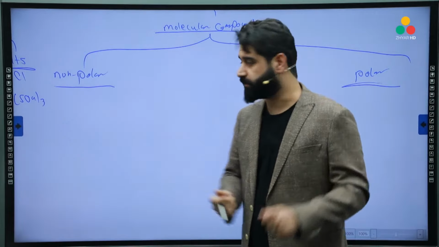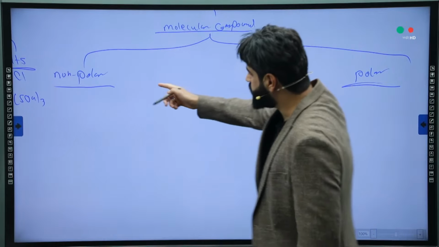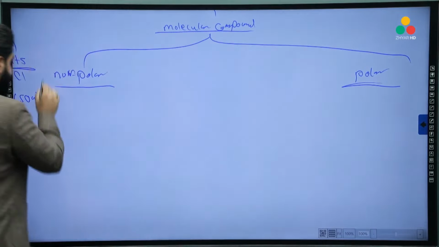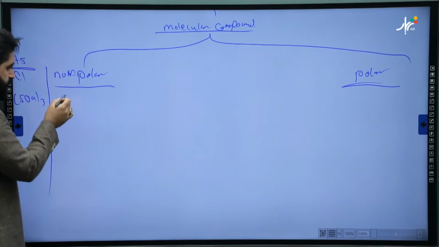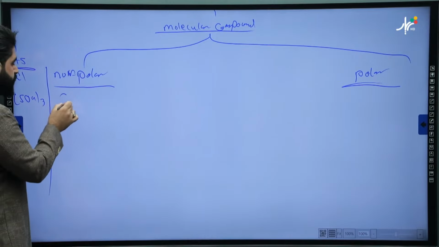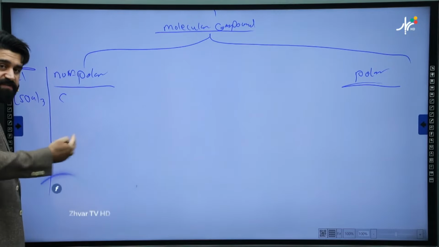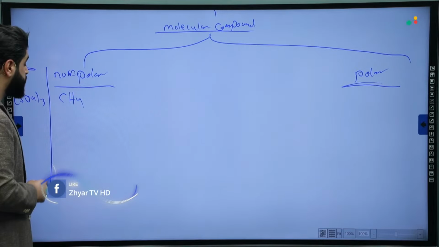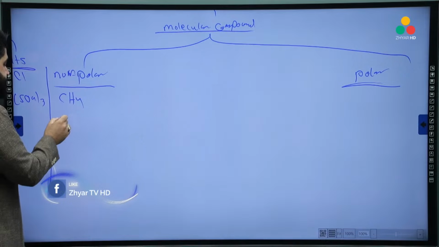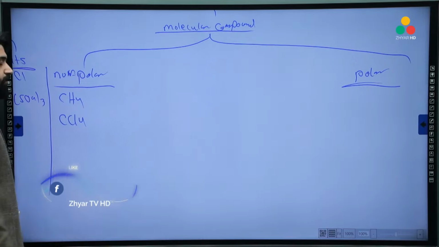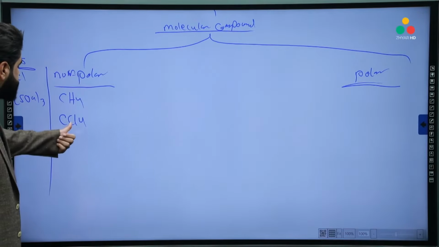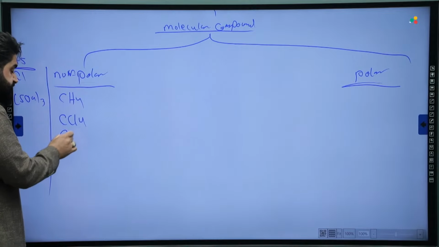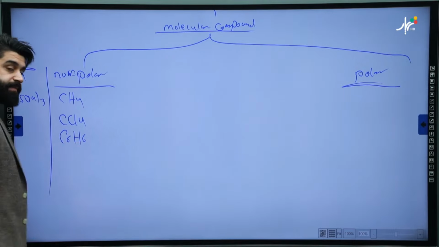Okay, it's so simple. Well, non-polar molecular compounds generally, most of them, contain carbon plus hydrogen, and we have some exceptions also, such as CH4, methane gas, and CCl4, carbon tetrachloride, benzene, C6H6.